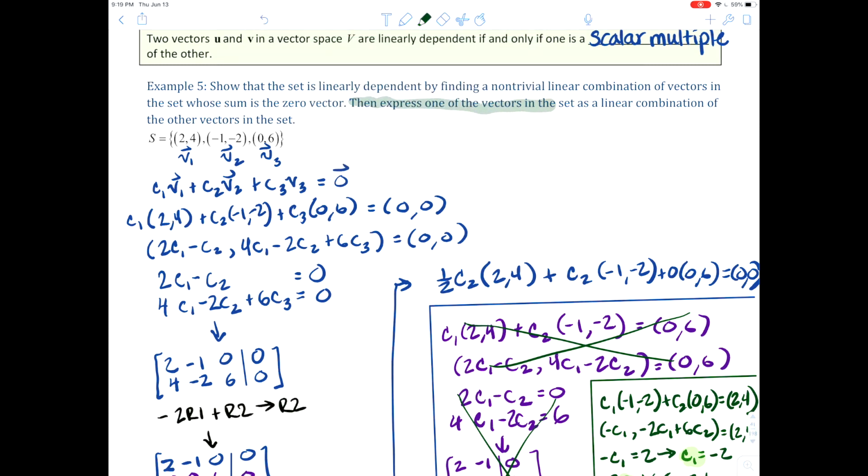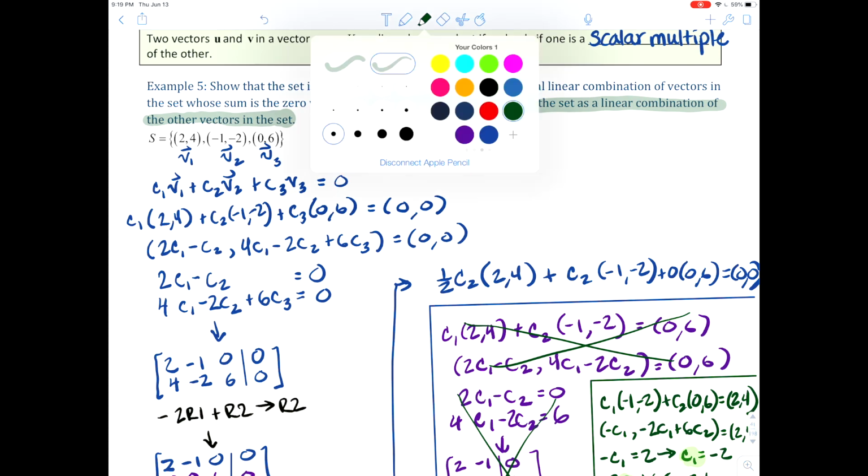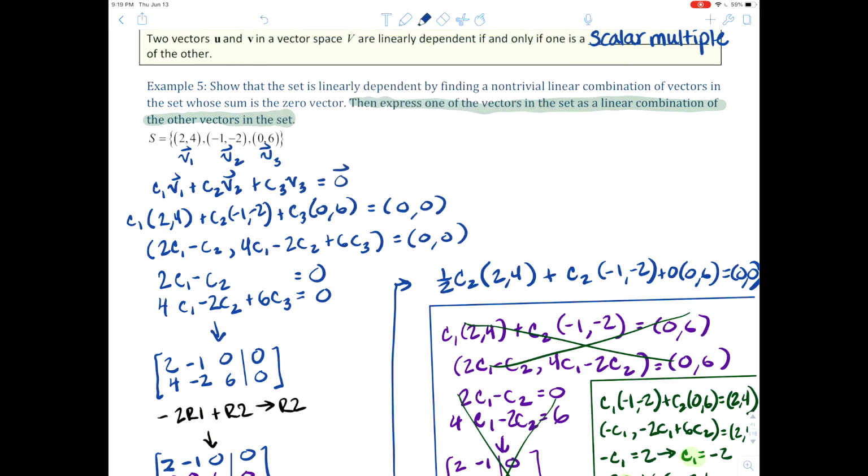The green part was when we expressed one of the vectors in the set as a linear combination of the others. And then this blue part was, we showed that the set was linearly dependent.